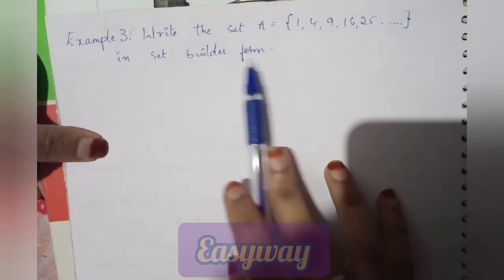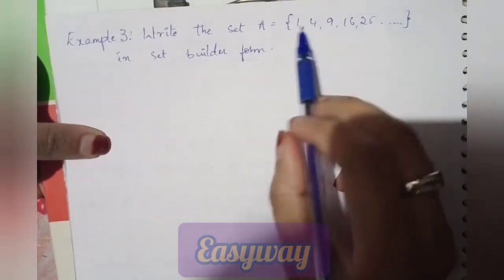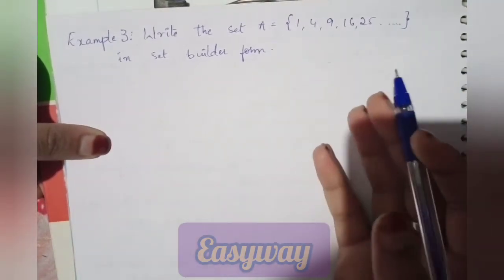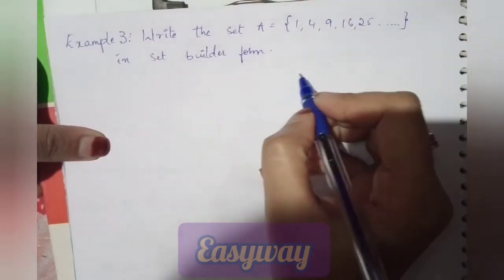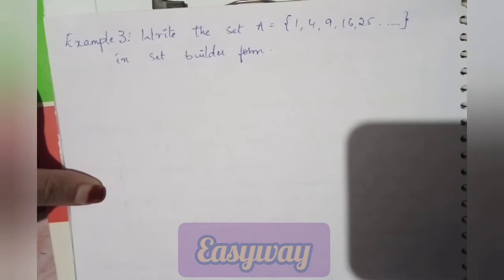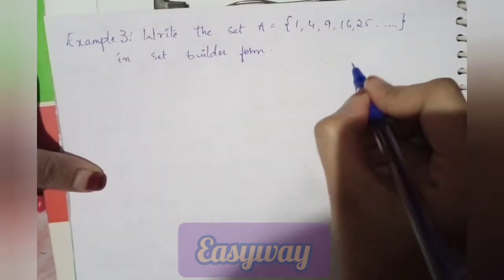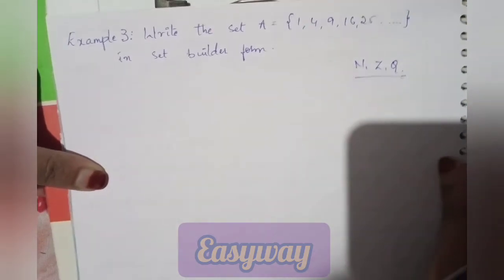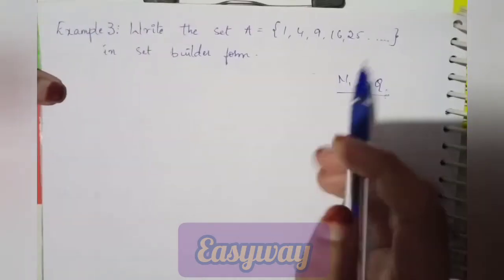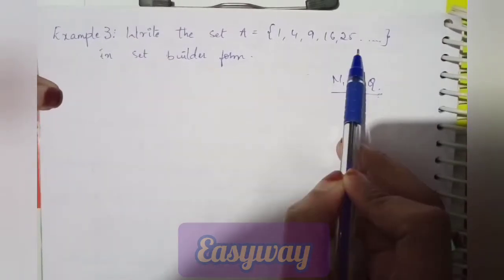In this type of problems, first we have to see whether the given set is in natural numbers, integers or rational numbers. I have explained what natural numbers, integers and rational numbers are in my previous videos. Now clearly it is natural numbers.